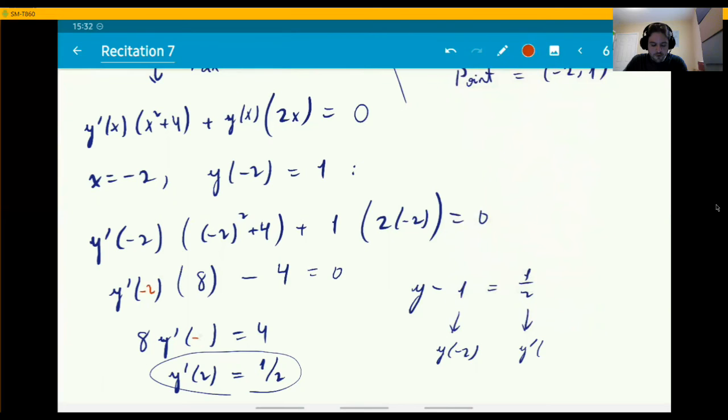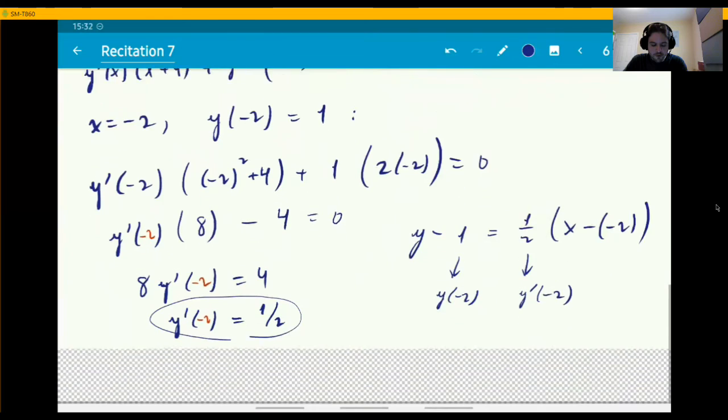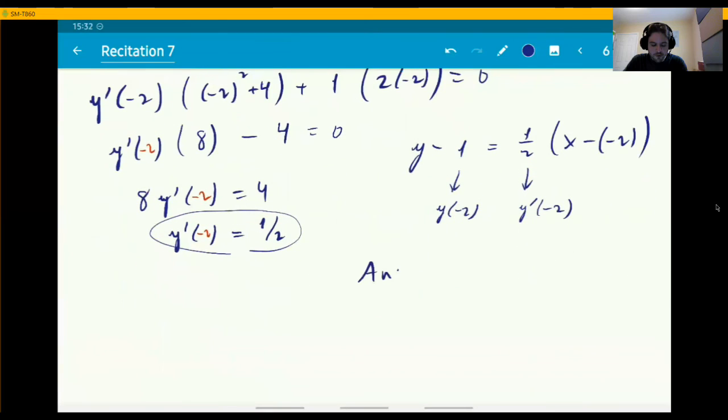That's the actual x value of the point that we want. So here negative 2, and then times x minus, what is the x value? Negative 2 once again. So the answer, instead of x minus negative 2, I'm writing x plus 2. But you know, this is a valid answer. This was item A.